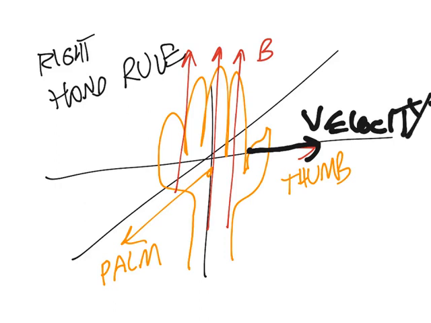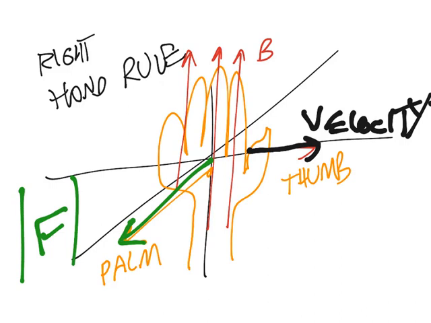Finally, your palm gives you the direction of the force on that particle. All three of these are mutually perpendicular. The magnitude of that force is given by a regular product. It's a way of representing a cross product without using the techniques to get the directions.